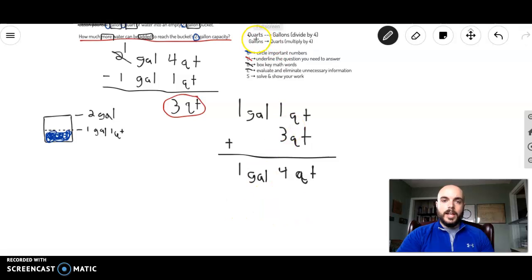So if I look, I need to turn quarts into gallons by dividing by 4. So 4 divided by 4 is 1. So 4 quarts is really equal to 1 gallon. I can add that to my gallon that I already have, and I really end up here with 2 gallons, which is exactly what we needed because that was the capacity for our bucket over here.